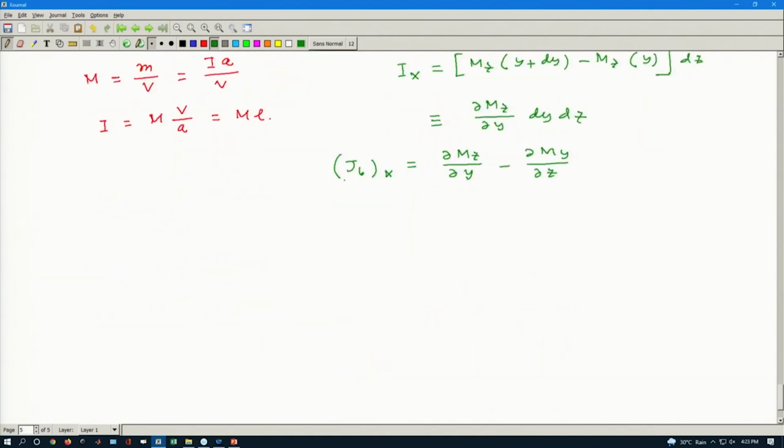So, the net current density that we have is this. Now, you can see that this is the x component, so I should write it properly. This is the x component of JB, which is the bound current.